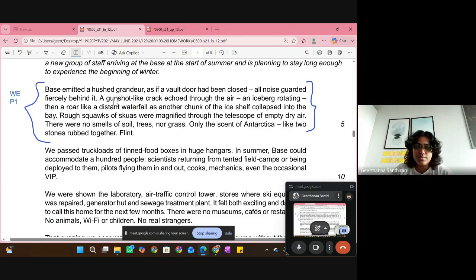Because hushed is small, but grandeur is big. But then hushed grandeur as a whole makes you think that it's beautiful, but then low key, right? So that stands out to me. "As if a vault door had been closed." Oh, vault door makes me think of banks, like heist movies, right? And like behind there's like millions of dollars.